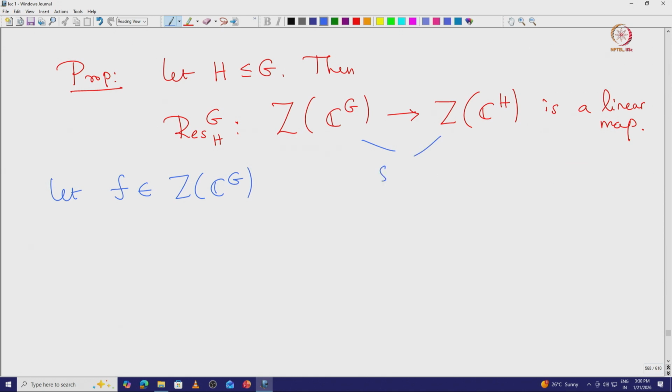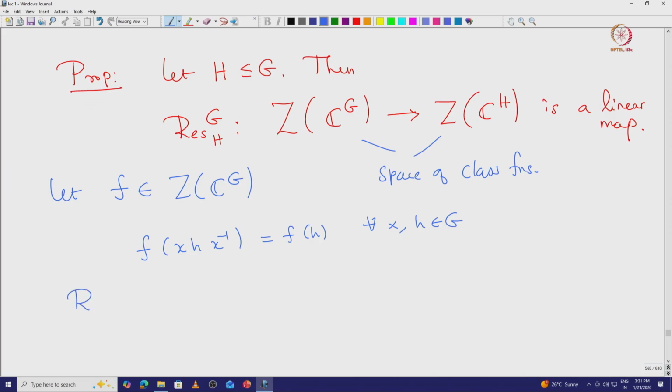Recall that this is the space of class functions. Then what we know is that f of x h x inverse equals f of h for all x, h in G. So, this is satisfied.